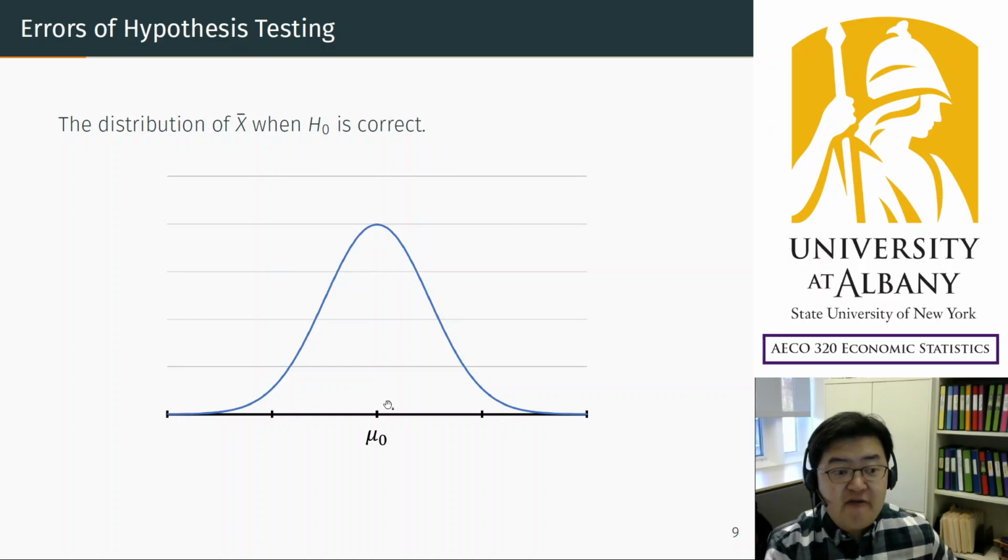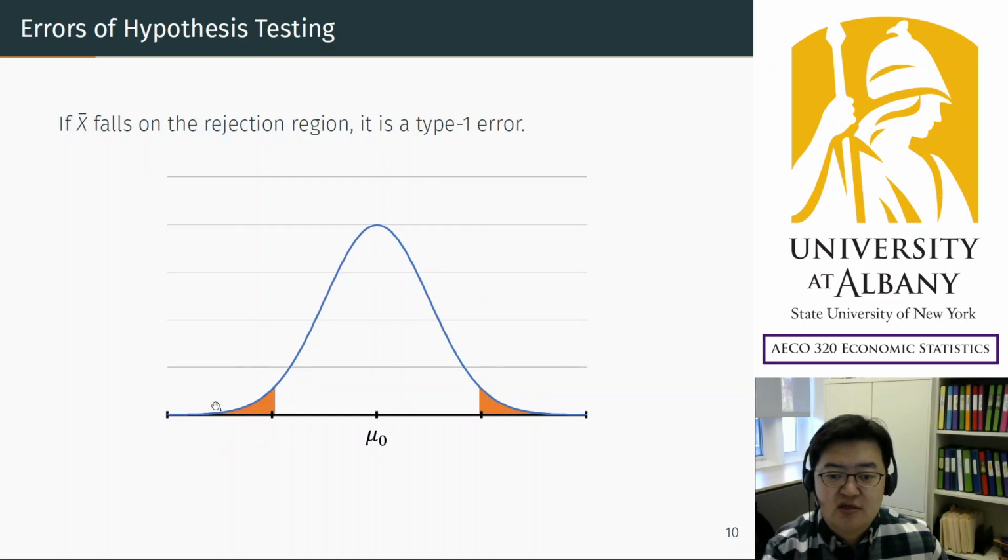But if that hypothesis was wrong, the normal distribution would be centered at a different point, right? If your hypothesis was correct, we could imagine the normal distribution like this, and we could calculate the probability of the rejection region.